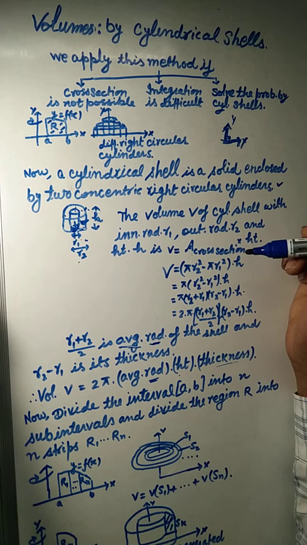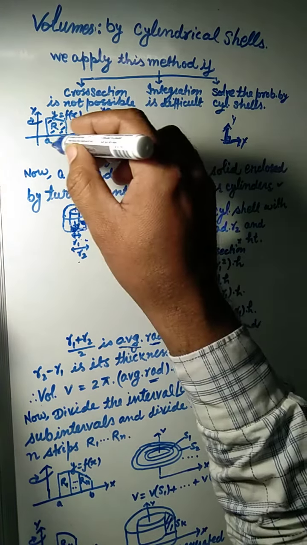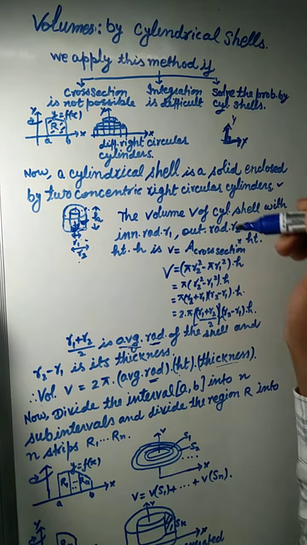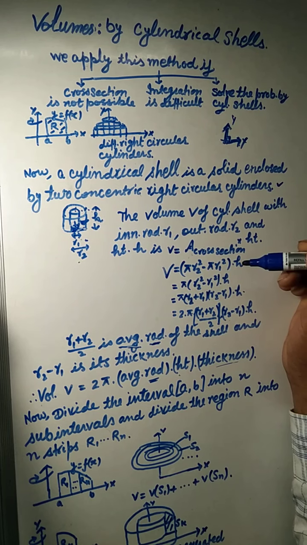Then find the volume of the solid of revolution S that is generated by revolving the region R about the y-axis. This is the problem.